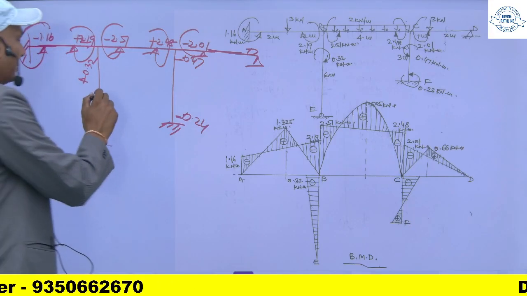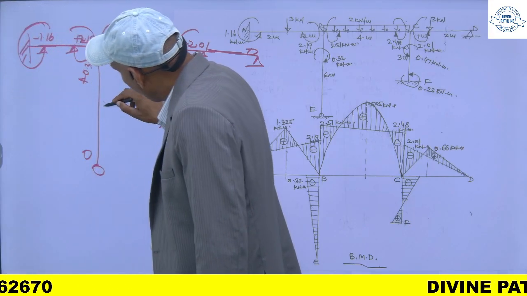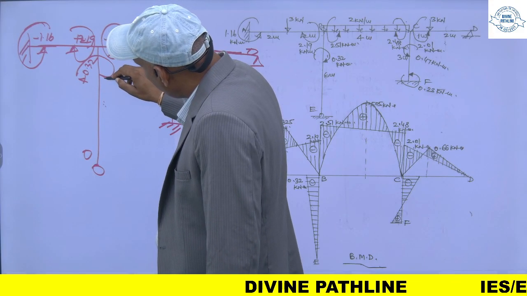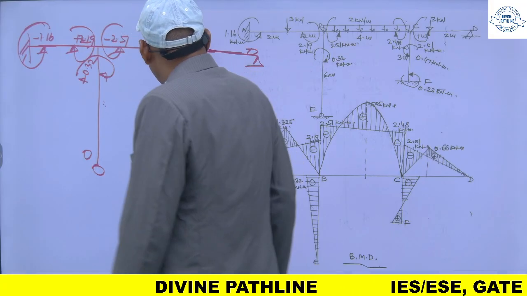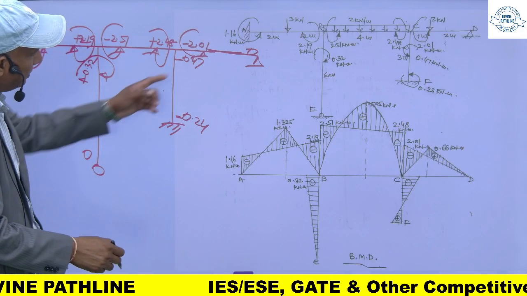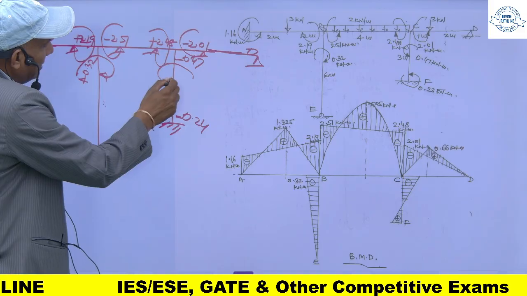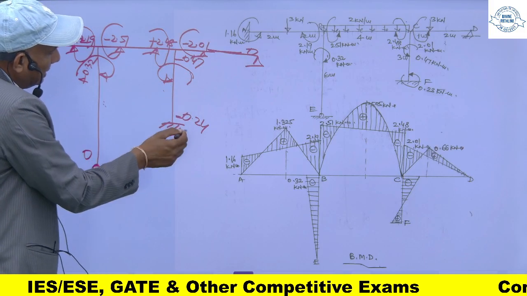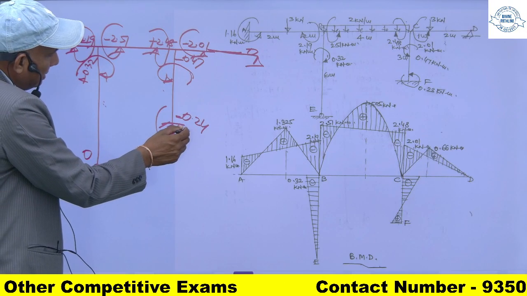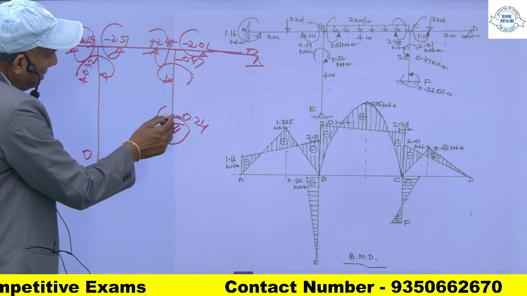If you see this member by sitting here, then this is plus. Plus means anti-clockwise. For this member, I will stand here and I will see this minus means anti-clockwise. This minus means anti-clockwise.